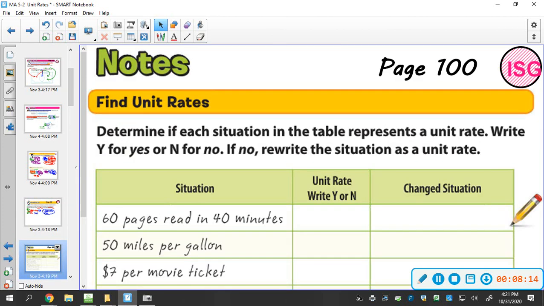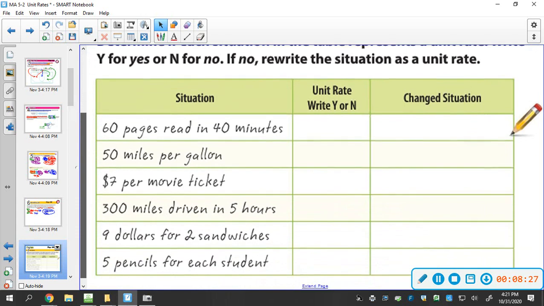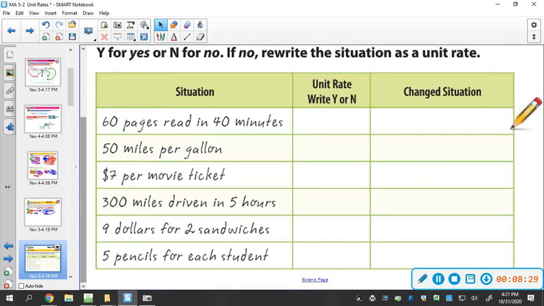When you look at the next page within your workbook, it says determine if each situation in the table represents a unit rate. Write Y for yes and N for no. If no, write the situation as a unit rate. So you need to take your time and go through each one, read the situation, 60 pages read in 40 minutes.